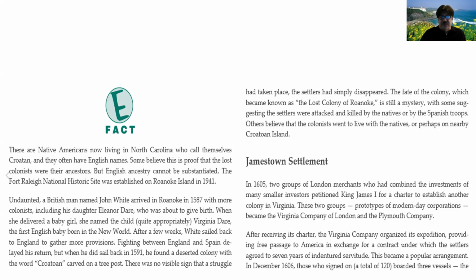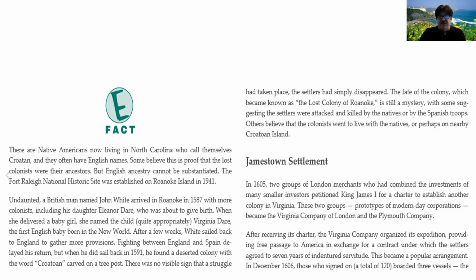Here they're petitioning King James I, which means they're asking for permission, probably assistance, for a charter to establish another colony in Virginia, so they had to ask permission. So you see here, they're giving it away. Jamestown is in Virginia, and that's why they made the comment earlier about the first baby girl delivered in the New World. They named her Virginia, so you can see where they got it.